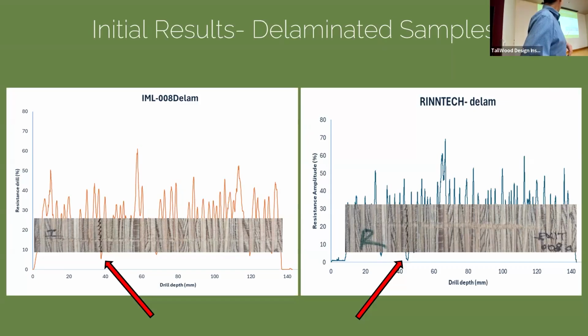Now there are some other drops in resistance that are natural parts of the composite. And so part of this project is seeing if we can train a model to identify what is and is not delamination compared to other drops in resistance that are normal parts of the panel. We're just getting some of this data now, so we don't have a whole lot.